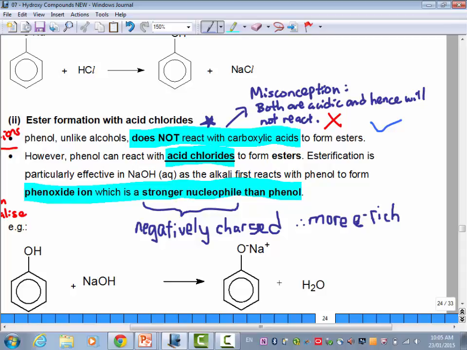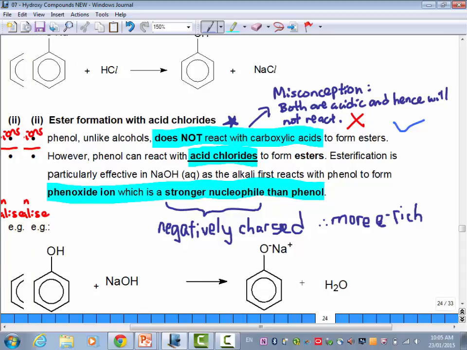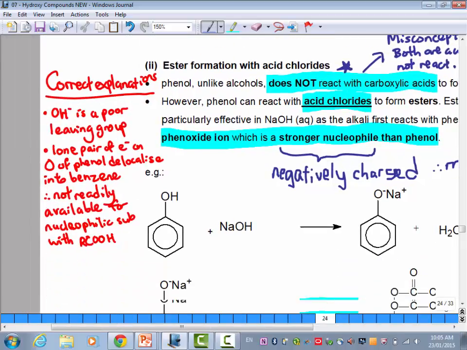So the reason why phenol does not react with carboxylic acid to form ester is because the type of reaction for esterification is that of nucleophilic substitution. So here, what happens is that OH minus is a poor leaving group. So the OH on carboxylic acid does not want to come out as OH minus.